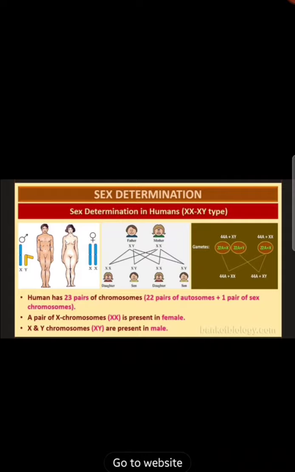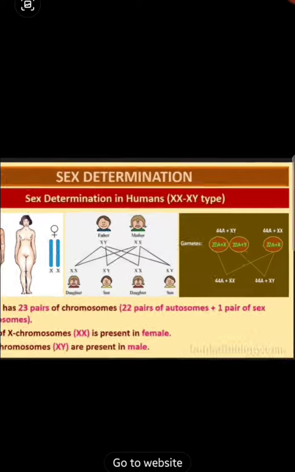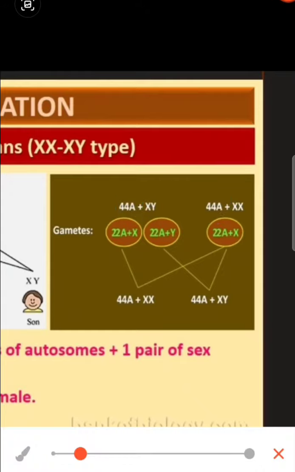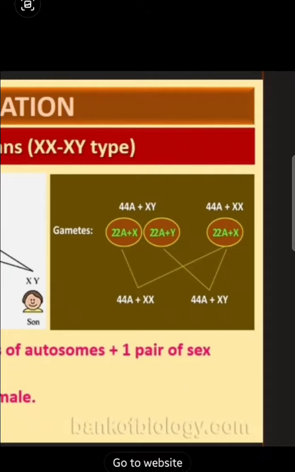Okay, so as I said, human beings have 44 autosomes. Autosomes are the same in males and females. Only the difference will be in the sex chromosome. XY will be in the males and XX chromosome will be in the females.